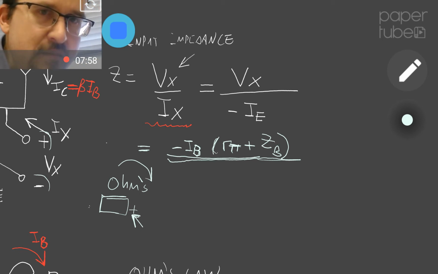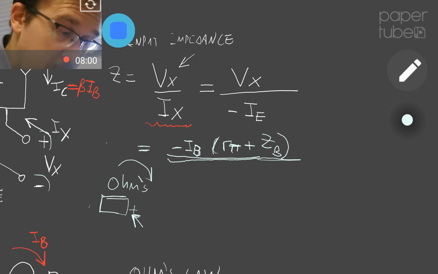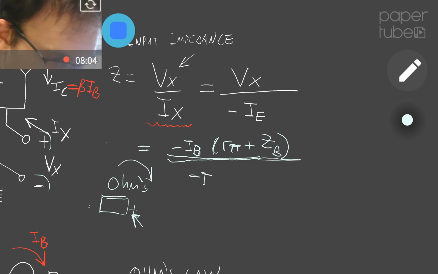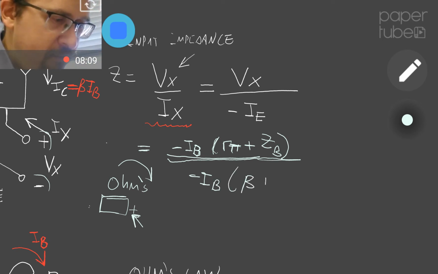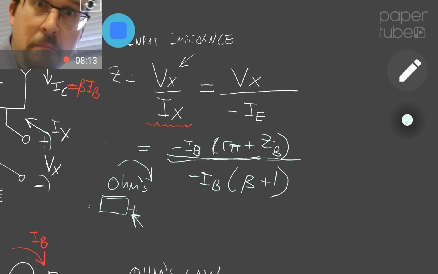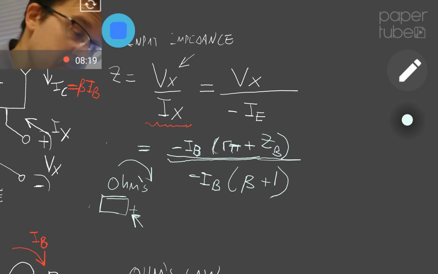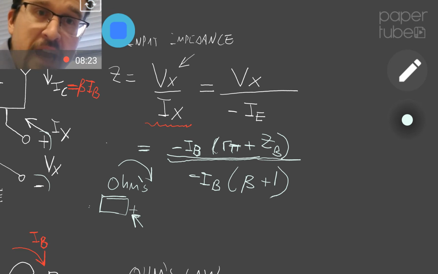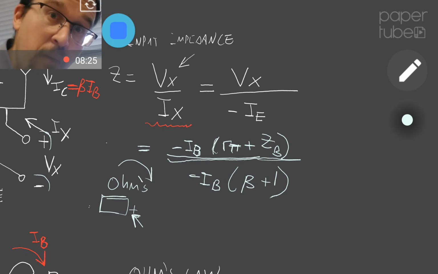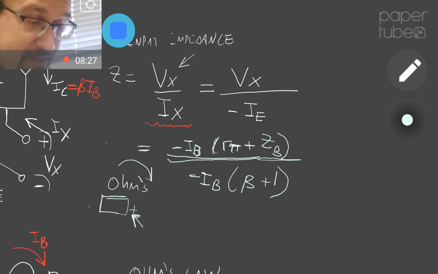If we now replace IE, that's actually just the sum of those two currents, which happen to be the same pattern of current. One is just multiplied by beta. So that's where the beta plus 1 comes from, as we've been discussing. At this point, you can see that we have a minus sign in the top, we have a minus sign in the bottom, and these things are going to cancel out.